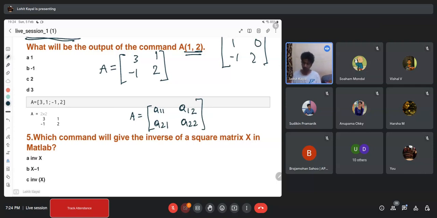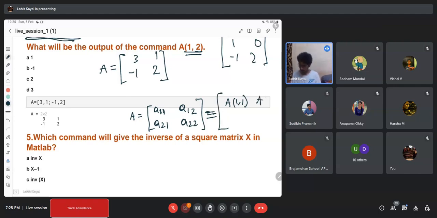Now in MATLAB you cannot write it like this. This subscript thing doesn't work there. In terms of MATLAB, it will look like this: A(1,1). That A(1,1) means first row first column. There will obviously be no bracket there; I'm just writing it for consistency.